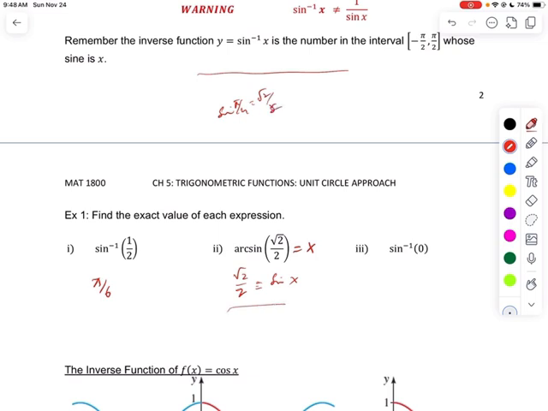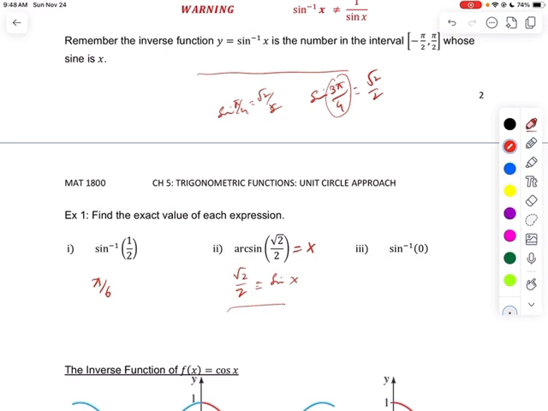This is going to happen in many places, but right now, because we have to only take the value that lives in our interval negative pi over 2 to pi over 2, which is pi over 6. So the answer to your first part here will be pi over 6.